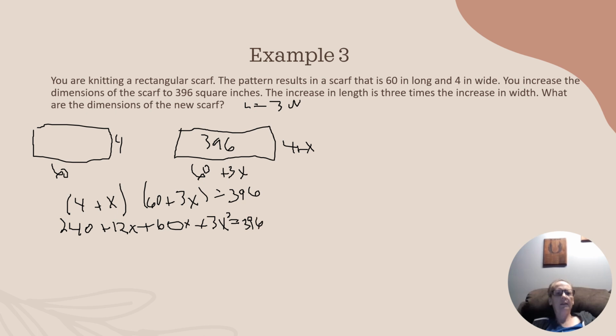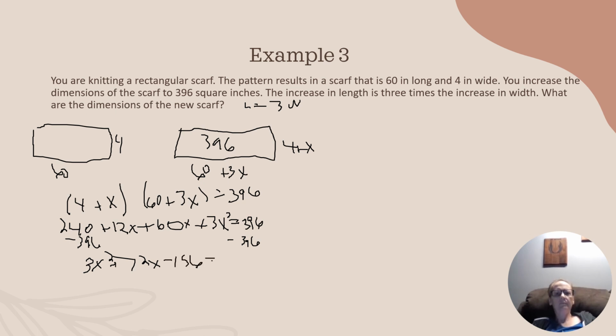So I'm going to go ahead and kick that 396 to the other side, and then rearrange my terms. So I have 3x squared plus 12 and 60 makes 72x. 240 minus 396 is negative 156.